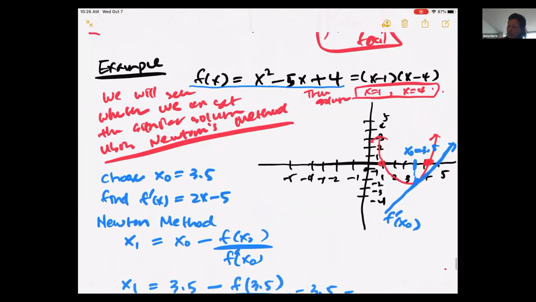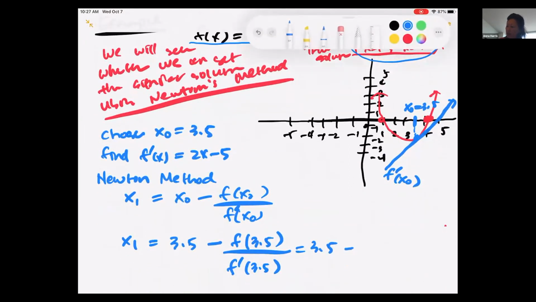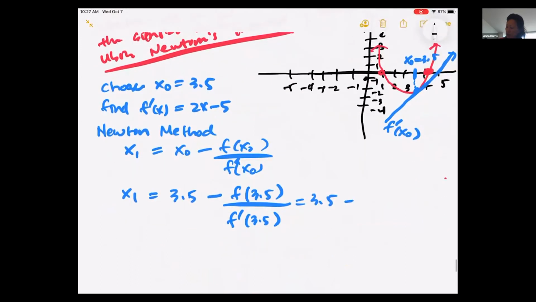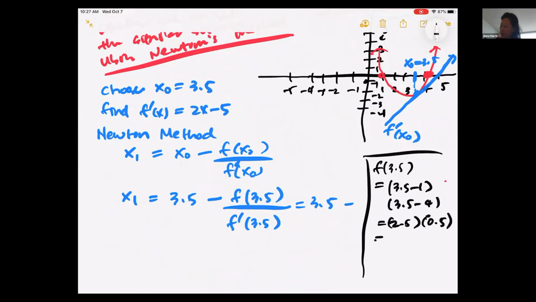So we have this. Okay, so let's make a note. f of 3.5 is the same as 3.5 minus 1 times 3.5 minus 4, which is 2.5 times negative 0.5, right?